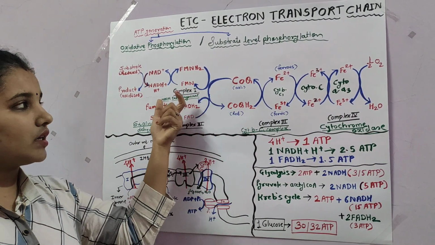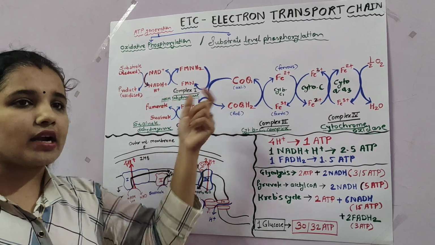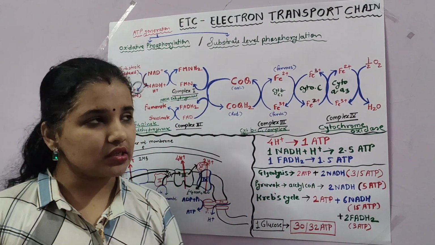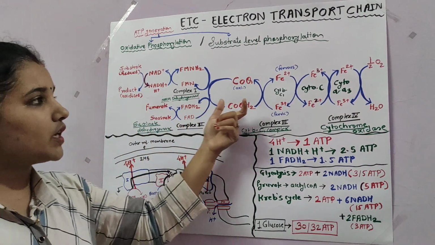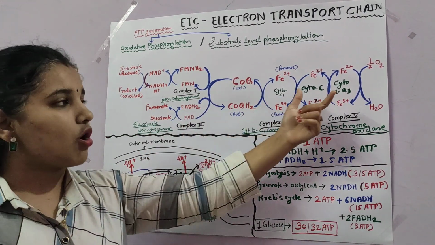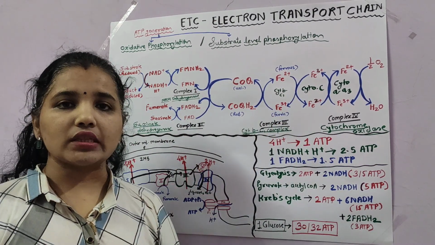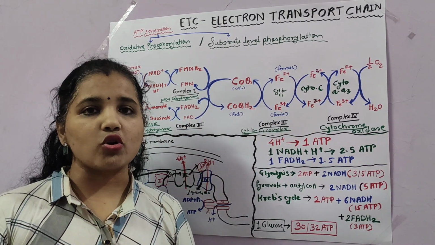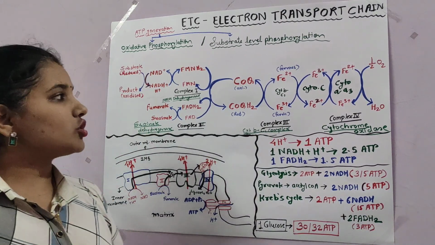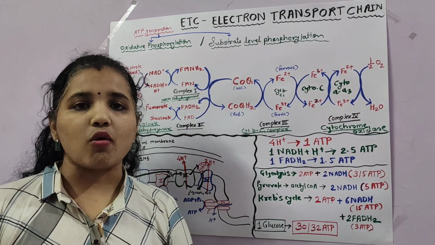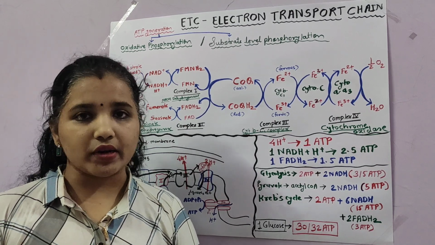Again, it accepts and donates the electrons to the next acceptor and donor. So there is movement of electrons through all these carriers, and because of this transport there is generation of a lot of energy.